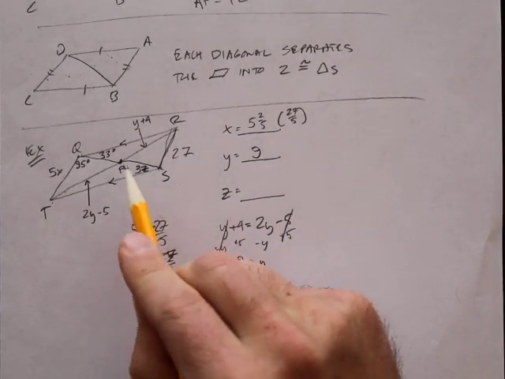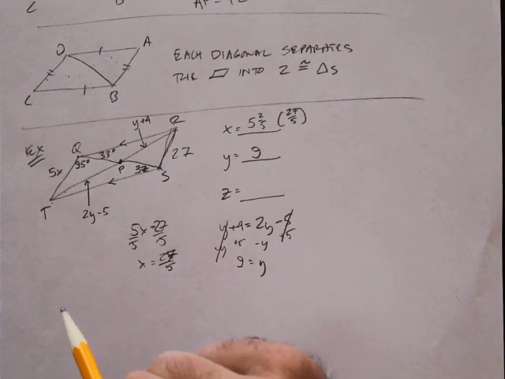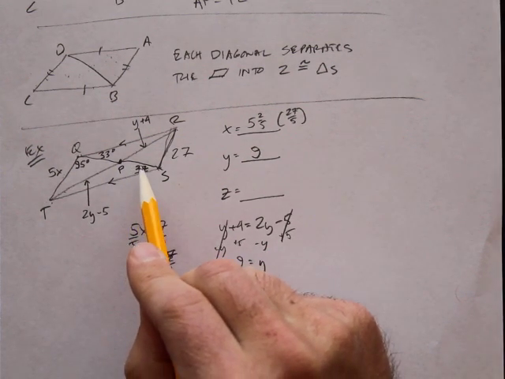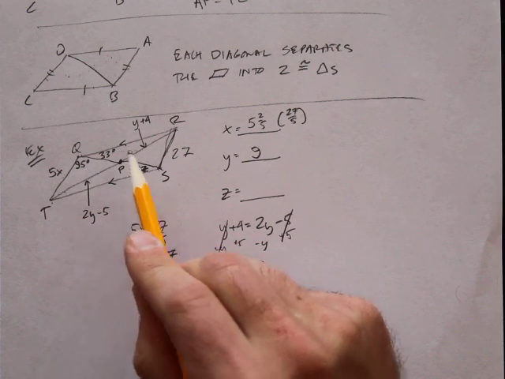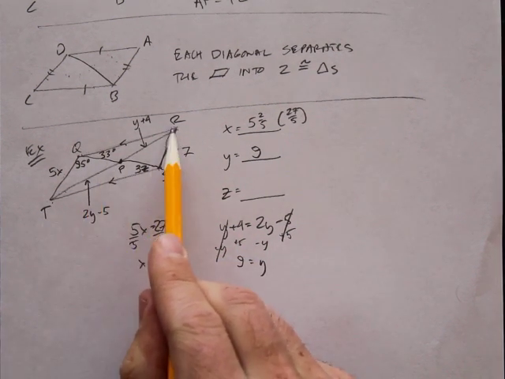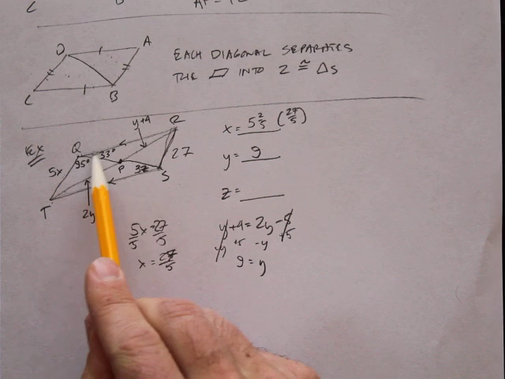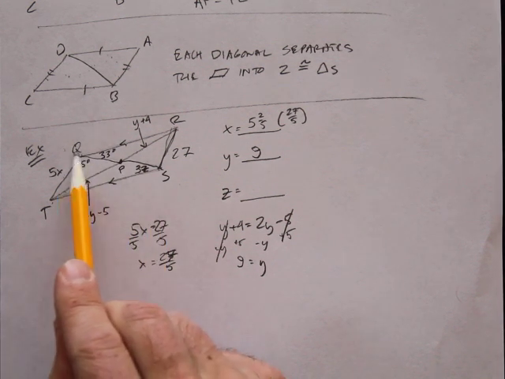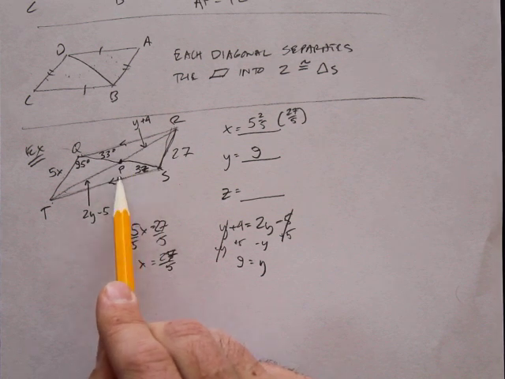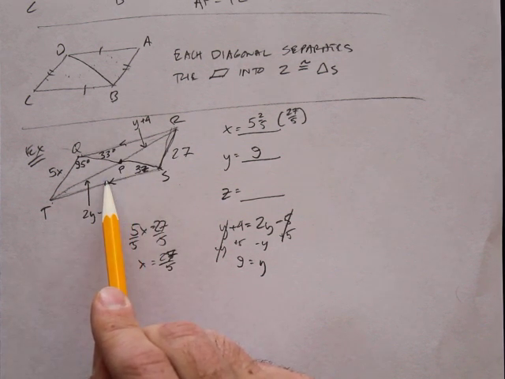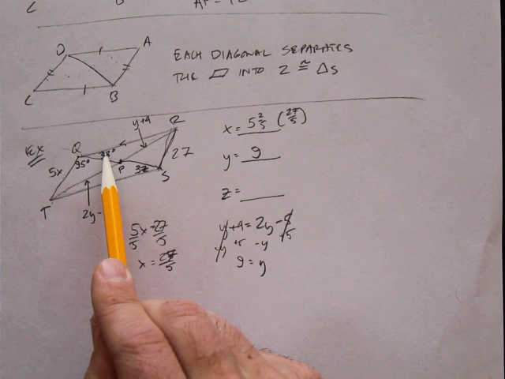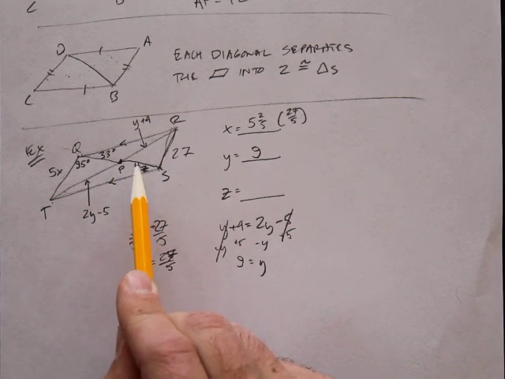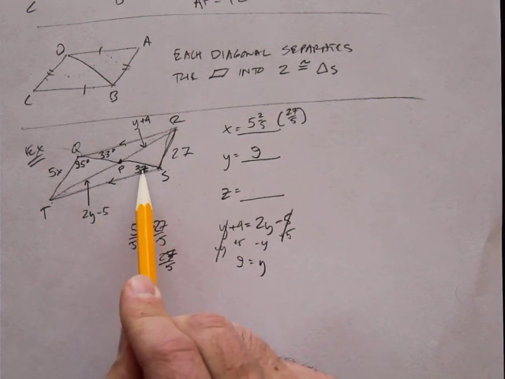Now I need to find z. This one's a little bit more tricky, but it's okay. One thing that would be really helpful is to think about these two sides as parallel, just like they are. And QS is a transversal that cuts through these two parallel lines. That makes this angle and this angle alternate interior angles.